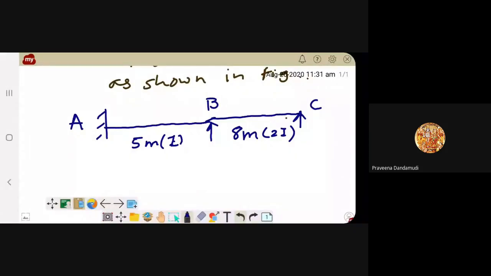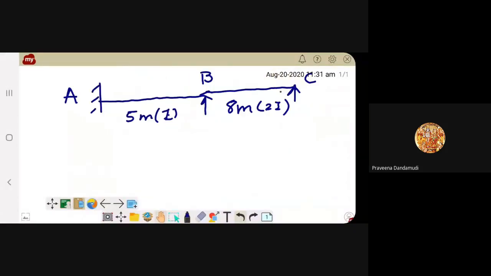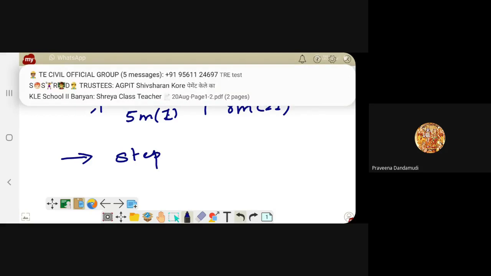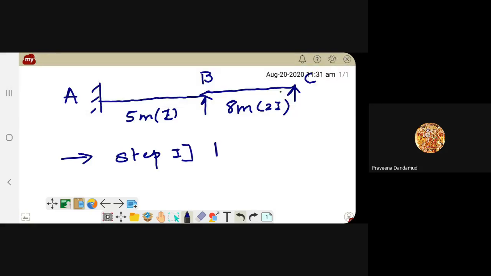What is the flexibility coefficient? Take down step number one: find the DSI. You just recall how we find the DSI for this particular beam.